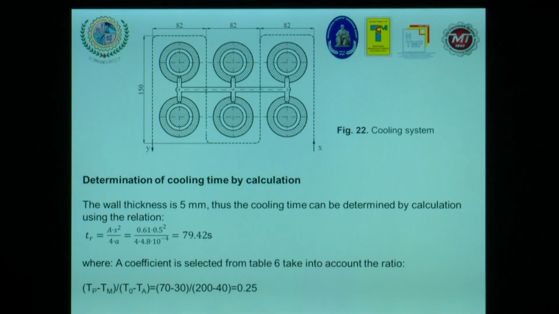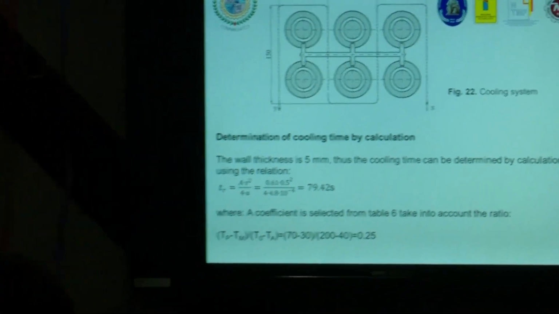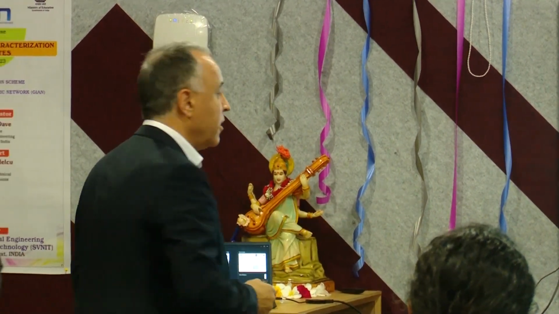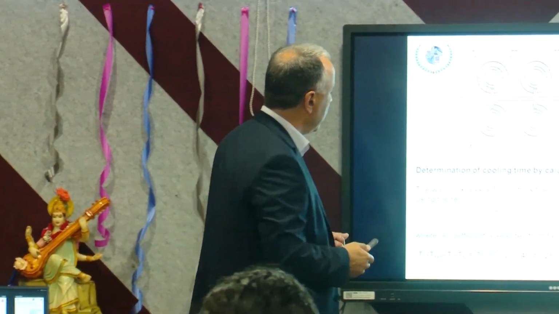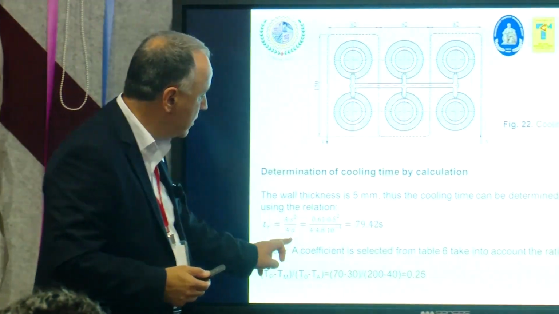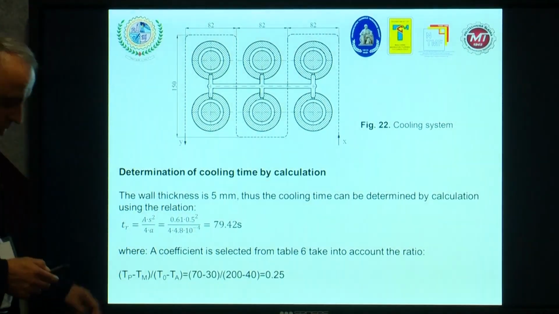So we can use it, but maybe we increase the injection cycle time and decrease the productivity. So we can choose the recommendation from technical literature. In this case, the important coefficient is the A coefficient selected, because you have to make the calculus something like that.